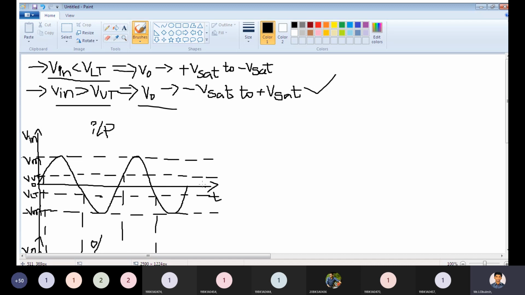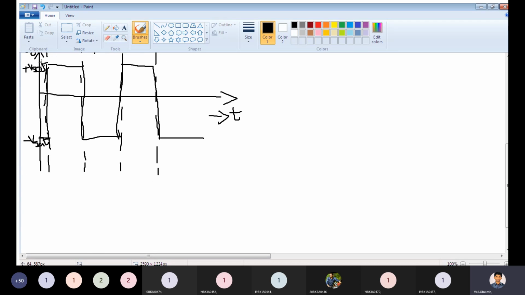This is the starting point at that time. This is the first case, for V_in greater than V_UT.